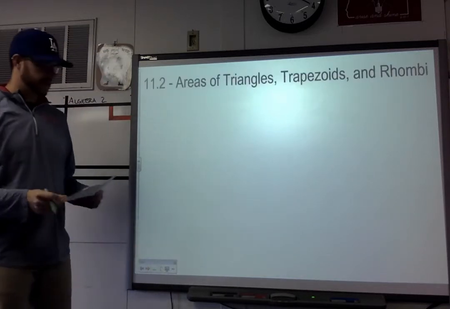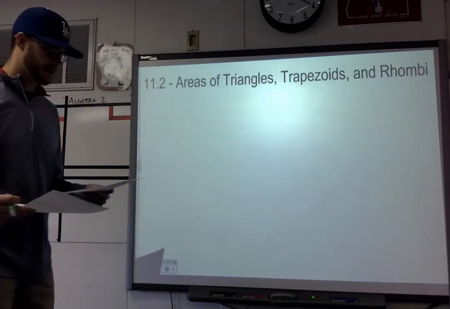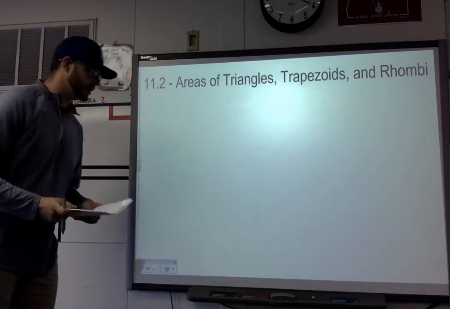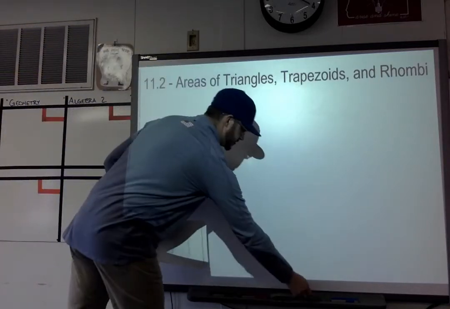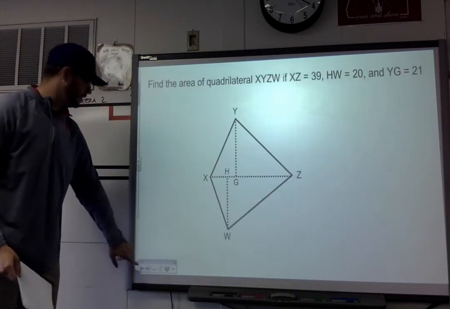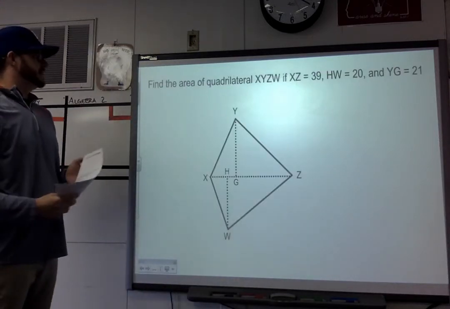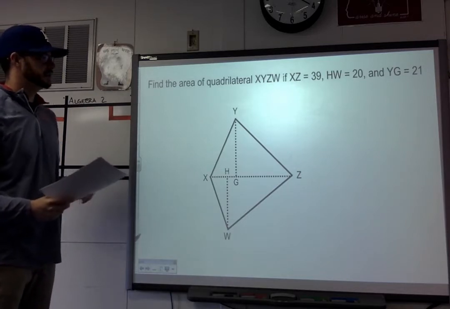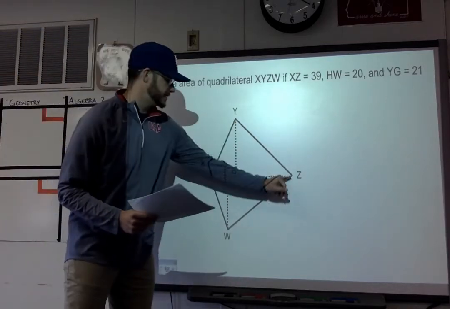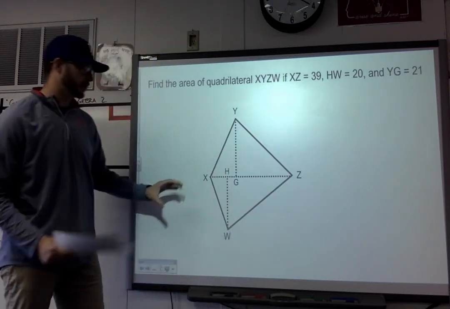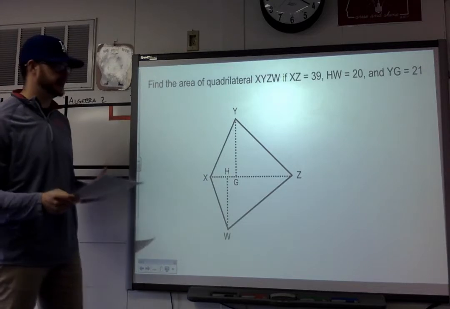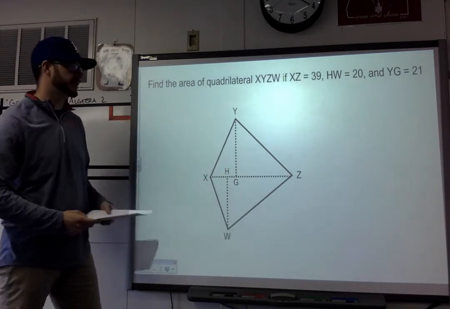So then for our second lesson, like I said, we're going to be doing the area of triangles, trapezoids, and rhombi. This one's going to be pretty short here, just a couple of slides. So here, find the area of quadrilateral XYZW. We're going to be able to break it into a couple of different sections in order to find the area of the entire figure.